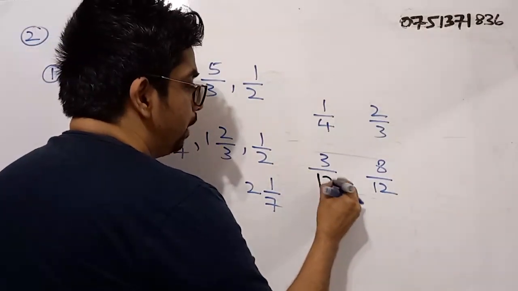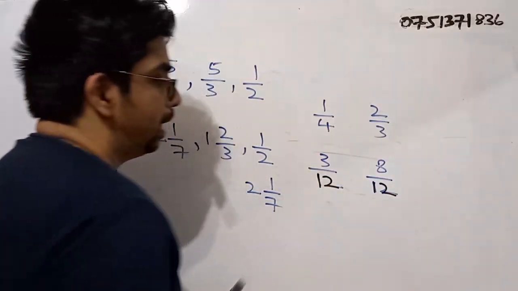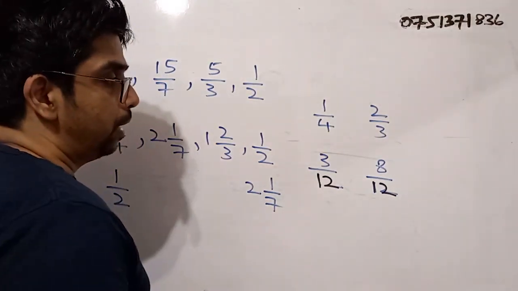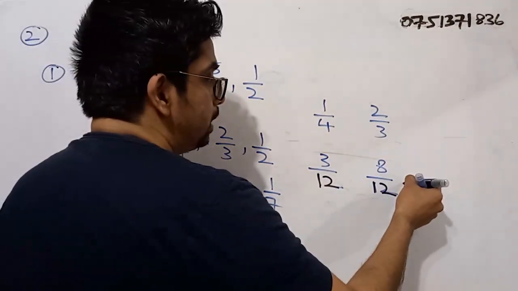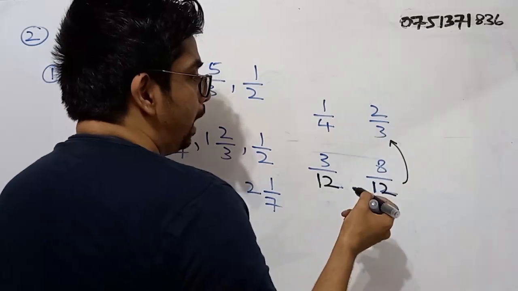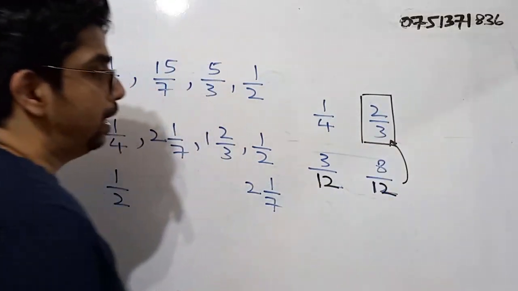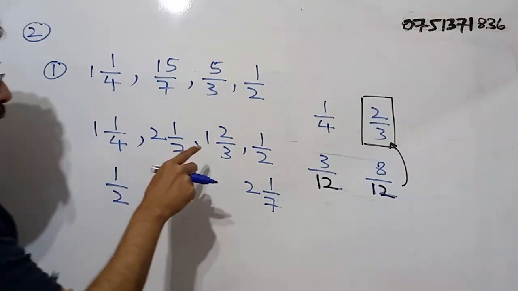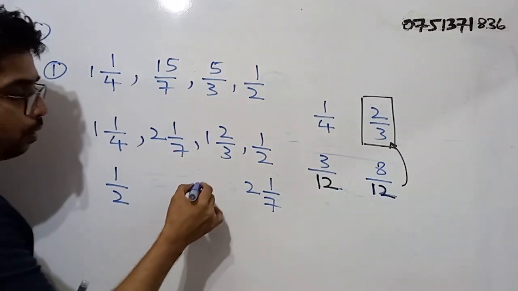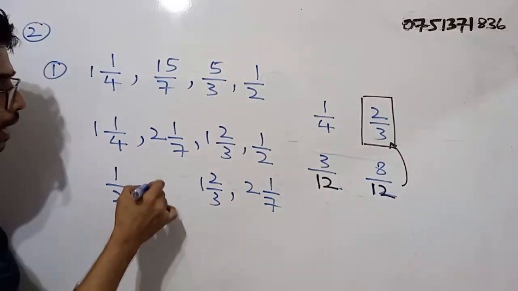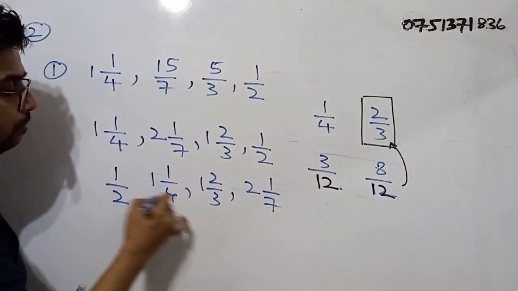Very clearly we can see both fractions have the same denominator. So which one is the larger one? 8 by 12. So that means if we compare the 2 fraction parts, 2 by 3 is larger than 1 by 4. So that means 1 and 2 by 3 is also larger than 1 and 1 by 4.